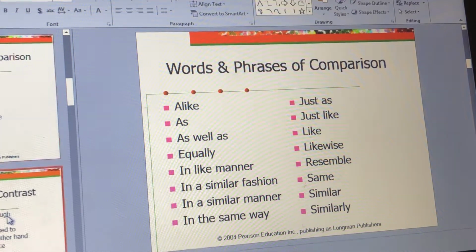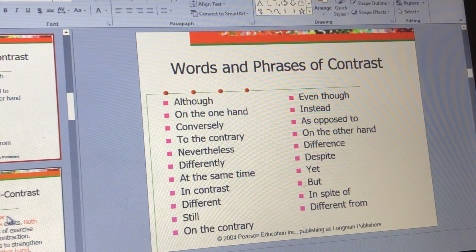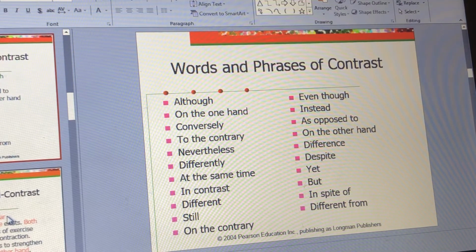And here are some contrast ones. Now, I said I don't prefer the point-by-point method of writing a compare-contrast paragraph because I run out of contrast transitions, but here you've got a bunch, so maybe that will help you out if you're going with that method.